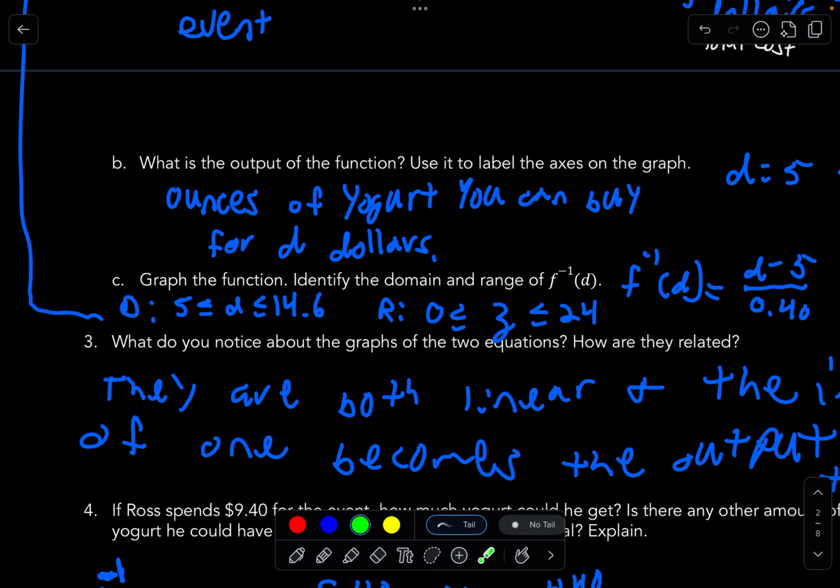You could write that in set notation as bracket 5, 14.6, close bracket, and bracket 0, 24 for the domain and the range. You can write either way. Okay.